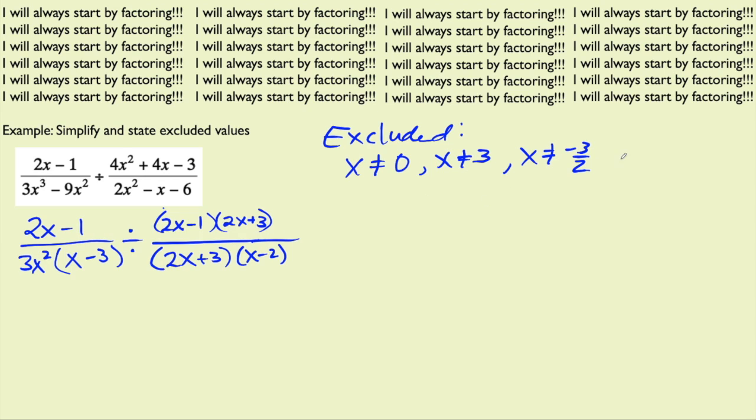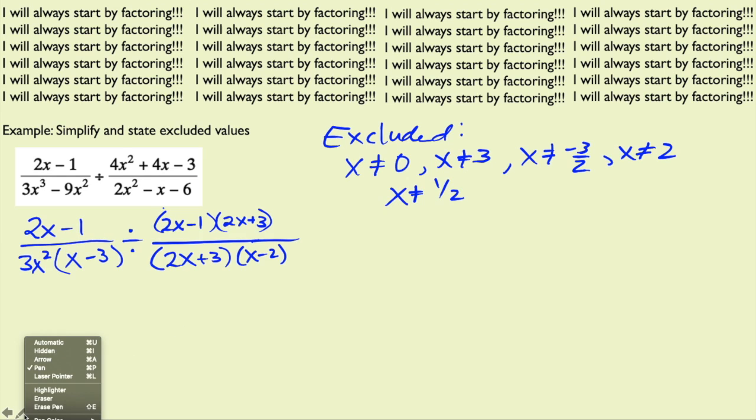X can't equal 2, but if you remember from the previous slide, anything up here can't be excluded or included as well. So x can't equal 1 half, and x can't equal negative 3 halves, so we already have that one. Okay, so there's more excluded values for division problems.